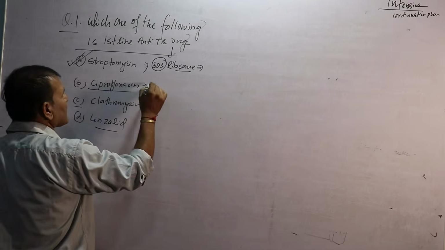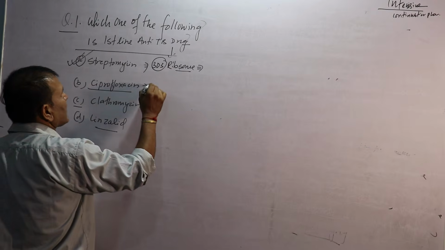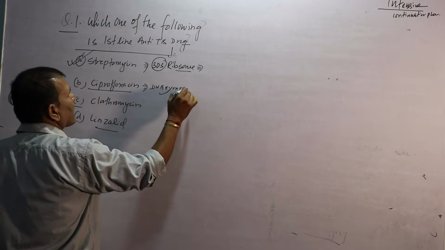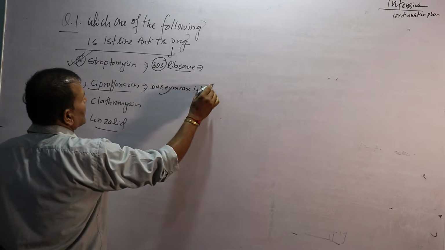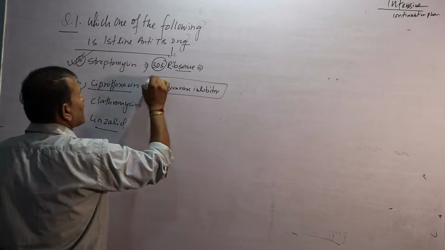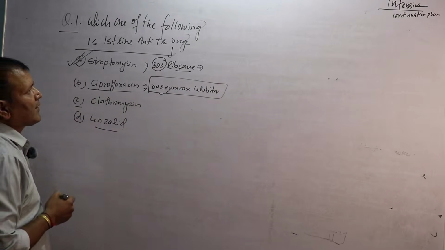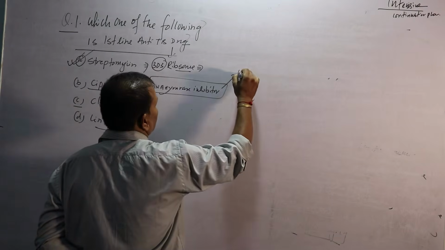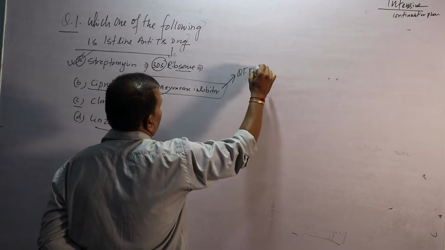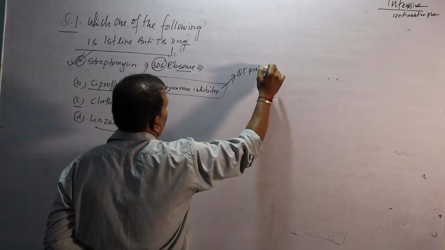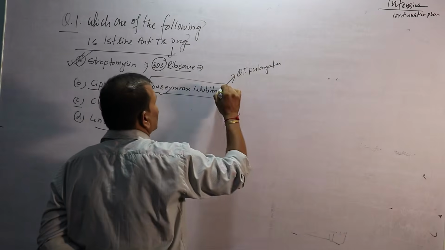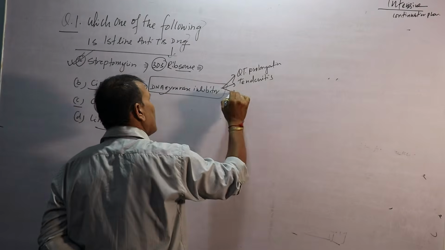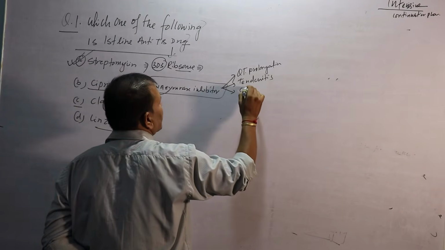Ciprofloxacin is a fluoroquinolone drug. It is a DNA gyrase inhibitor. What are the common side effects of ciprofloxacin? QT prolongation, tendonitis, and GI upset.